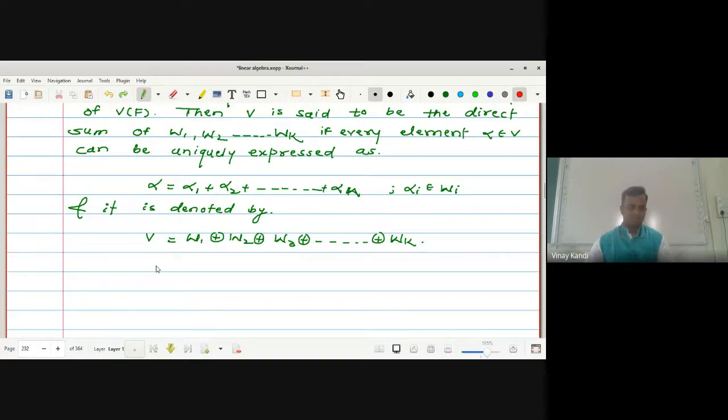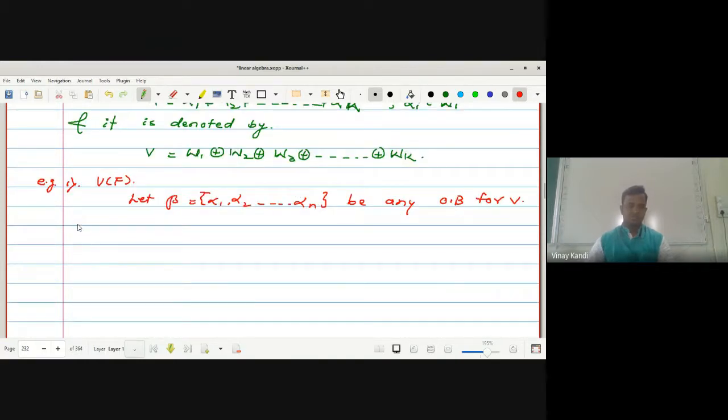Now, example number 1. Let V be a finite dimensional vector space over the field F, and let beta equal alpha 1, alpha 2, up to alpha n be any ordered basis for V. And what is Wi?